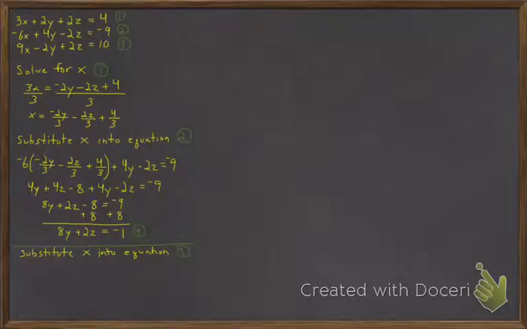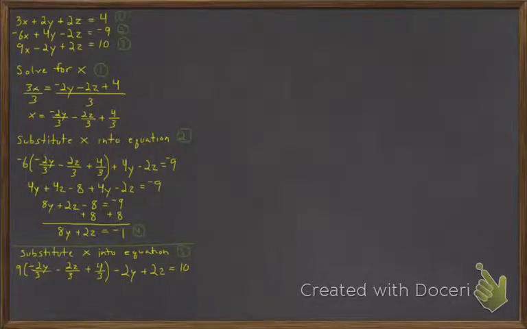And when we do that, we get 9 parentheses negative 2y divided by 3 minus 2z divided by 3 plus 4/3 parentheses minus 2y plus 2z equals 10.